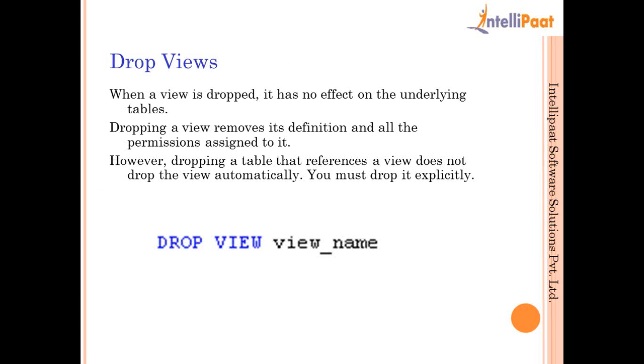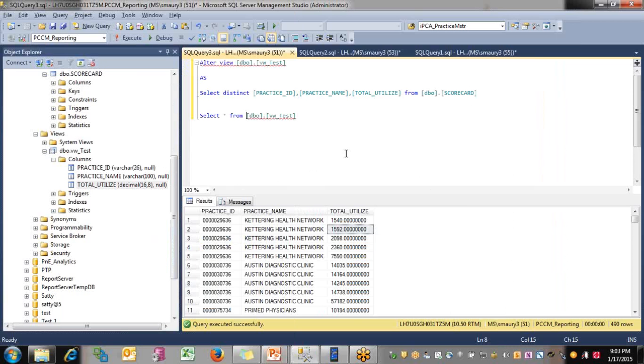Now it says dropping a view removes its definition and all the permissions assigned to it. However, dropping a table that references a view does not drop the view automatically. You must drop it explicitly. So what is basically going to happen? Suppose there is a table and you have created a view based on it.